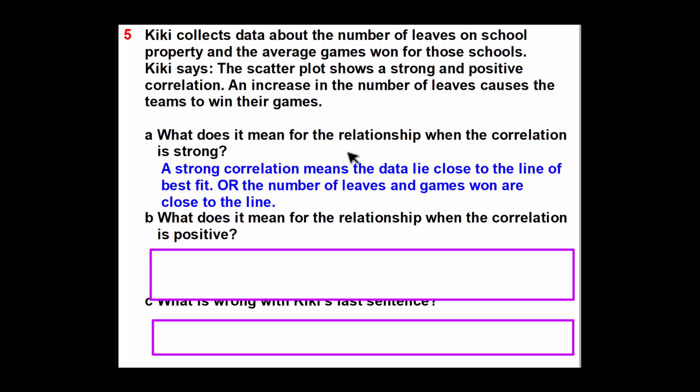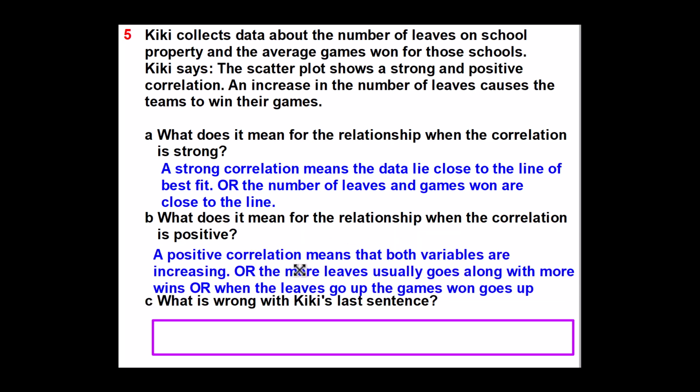What does it mean for the relationship when the correlation is strong? A strong correlation means the data lies close to the line of best fit. Another way to say that is the number of leaves and games won are close to the line. What does it mean for the relationship when the correlation is positive?